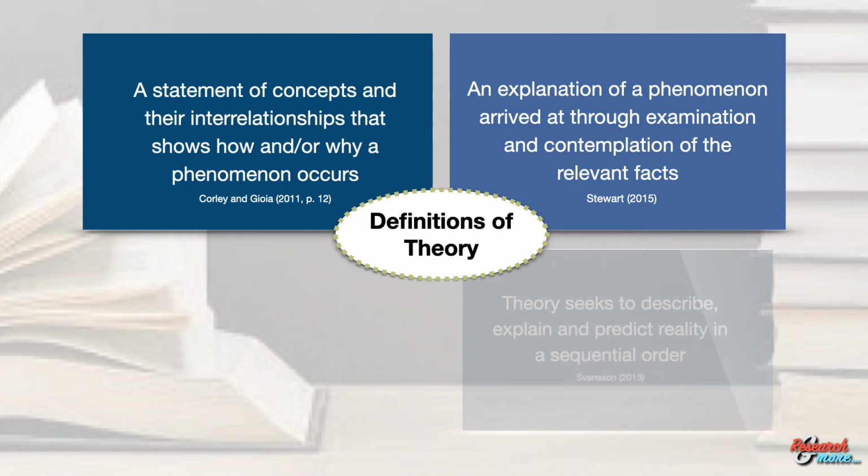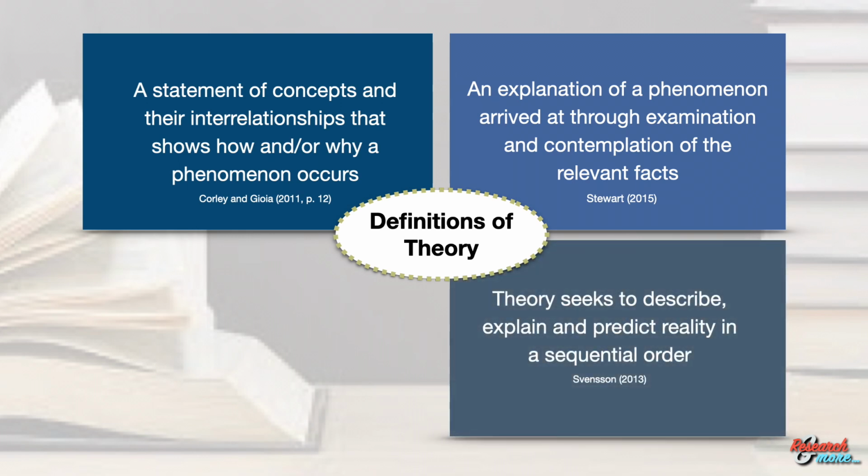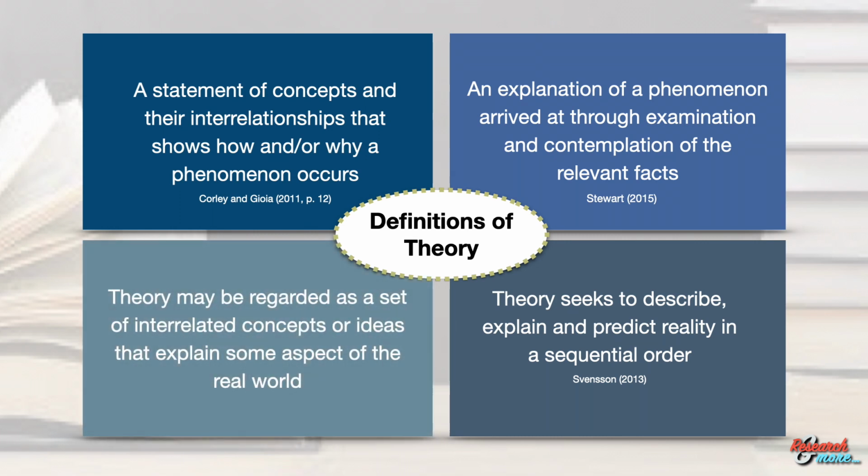Yet another author describes a theory as seeking to describe, explain, and predict reality in sequential order. So, theory, in the simplest terms, may be regarded as a set of interrelated concepts or ideas that explain some aspect of the real world.